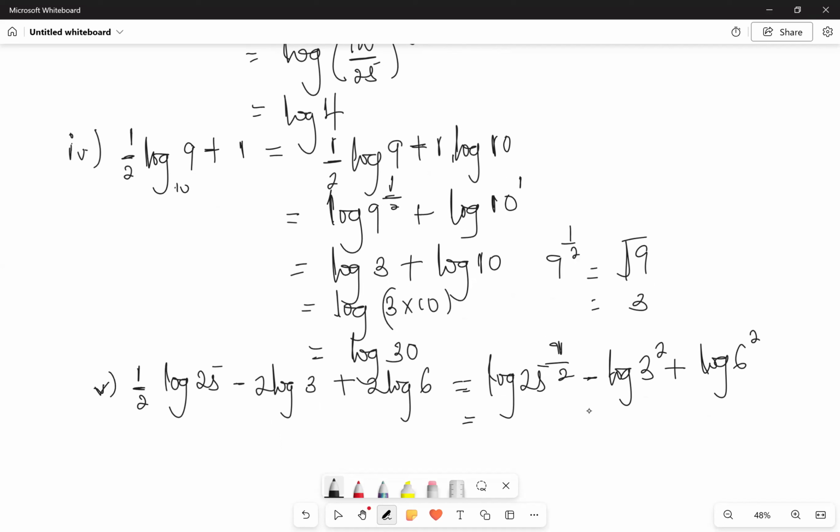So that will be equal to log 5 minus log 9 plus log 36, right?